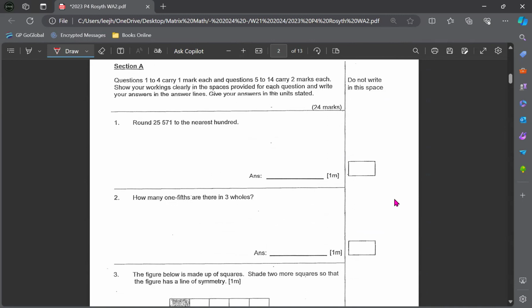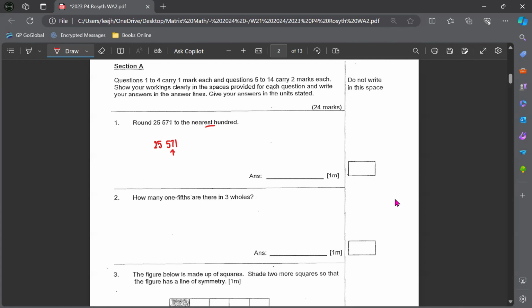Round 25,571 to the nearest 100. Since there are spaces provided, please do your workings there. If you want to round to the nearest 100, we look at the tens place. Whether we round up or remain depends on the digit there. It's the 7, which means if it's 5 and more, we round up.